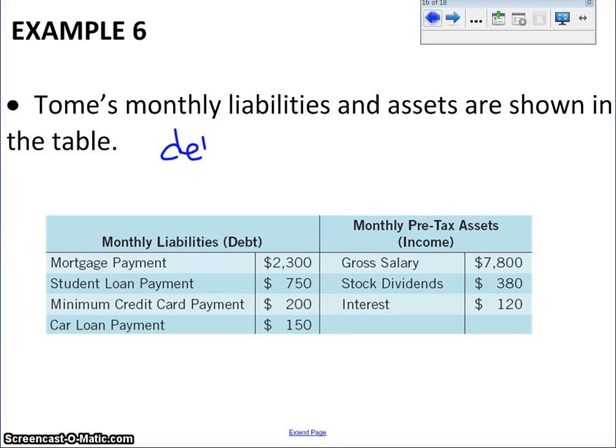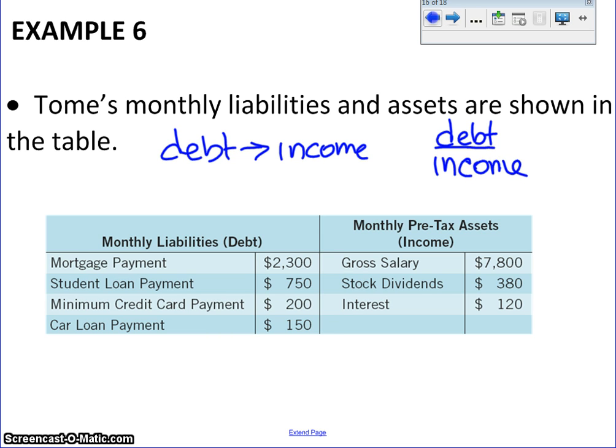So debt to income ratio is going to be my debts divided by my income. So looking over here, my debt or my liabilities, I'm going to go ahead and add all of these values together. And I find that my debt or my liabilities per month are $3,400.